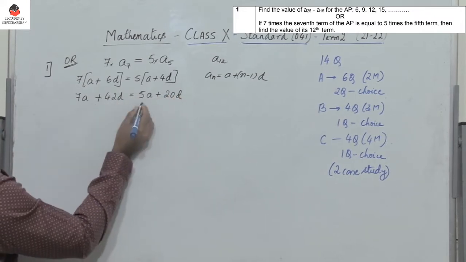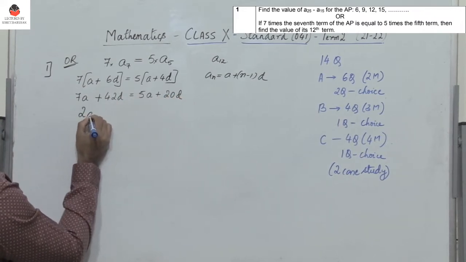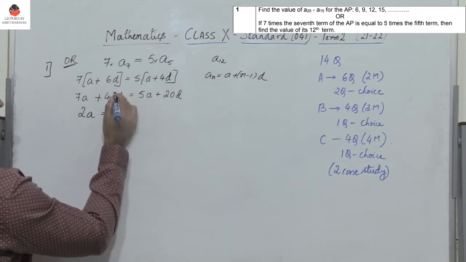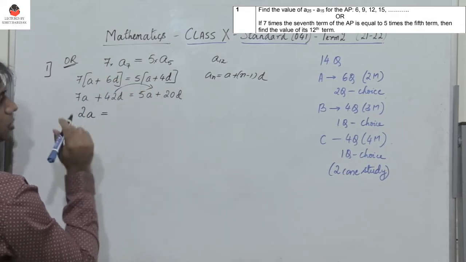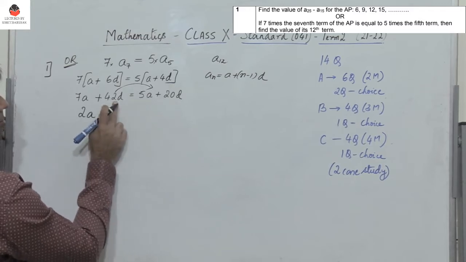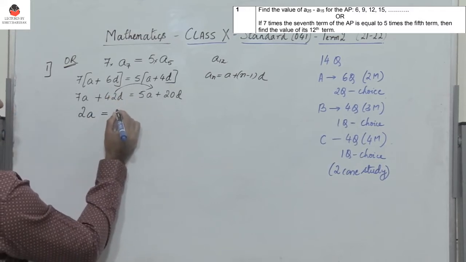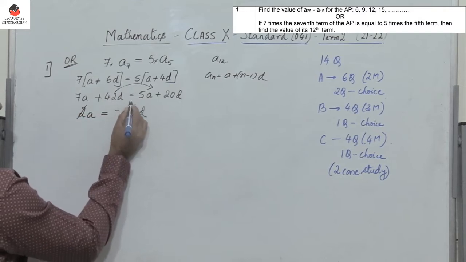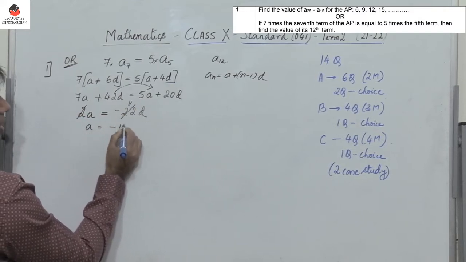So bring both the terms to the other side. So you have 2A, 7A minus 5A is 2A, equals, let me take 42D to the other side, so it becomes 20D minus 42D, which is minus 22D. So A equals minus 11D.